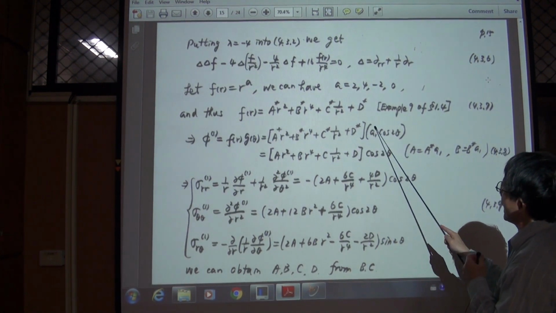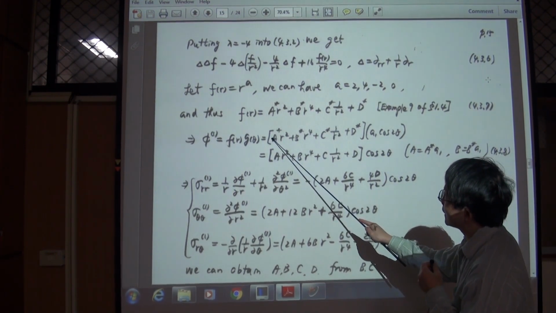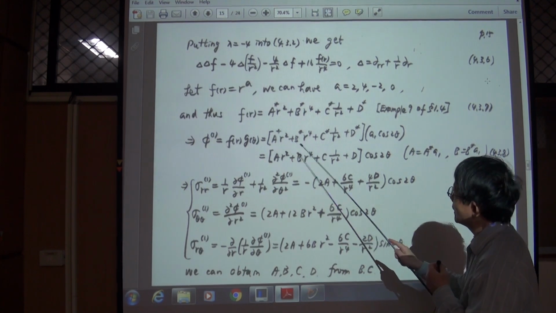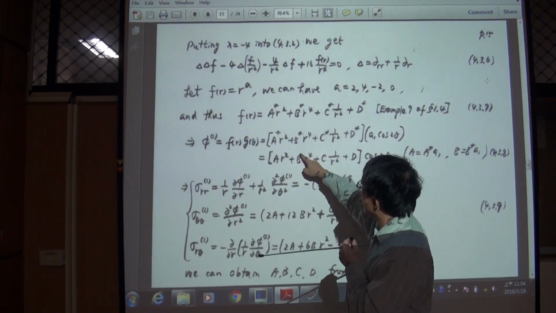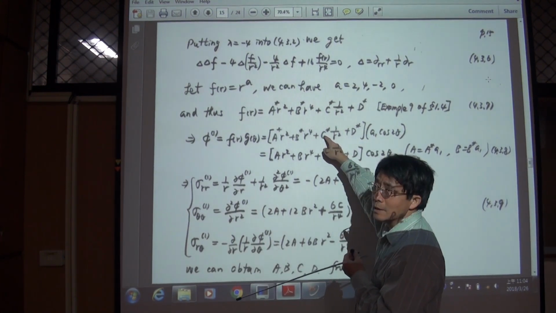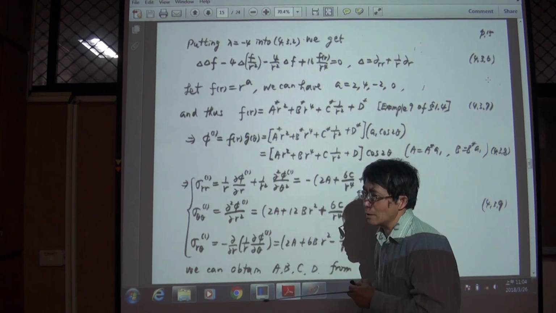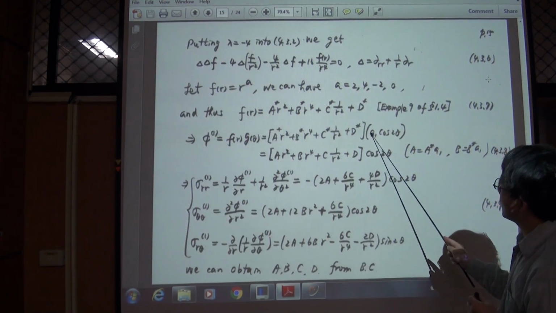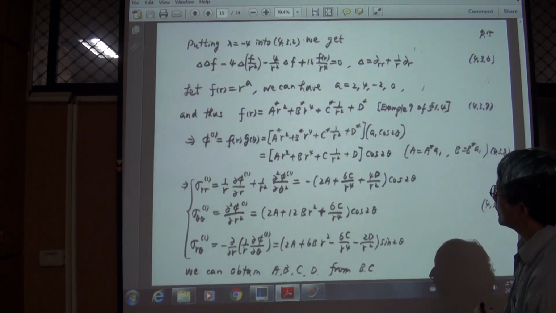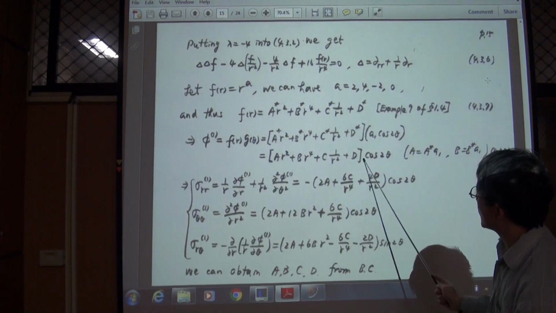And now we take this a1 into here. a1 times a star equal to big A, a1 times b star equal to big B, a1 times C star equal to big C, a1 times D star equal to big D, right? So in this way, a1 disappears.